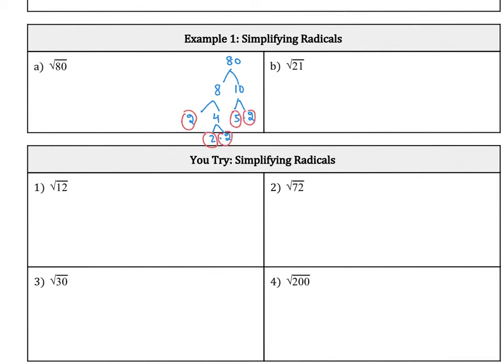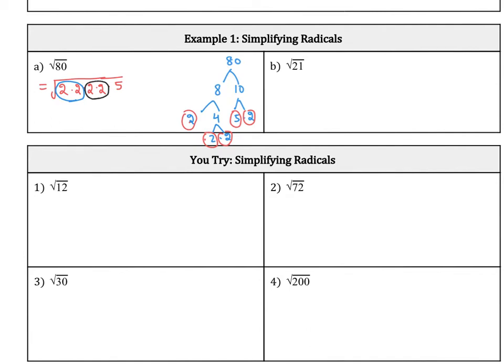Now you're going to rewrite this in radical form. So there are 1, 2, 3, 4 2s, and then you're going to have a 5. Now we're going to see if they make pairs. I can see that here we have one pair and we have another pair.